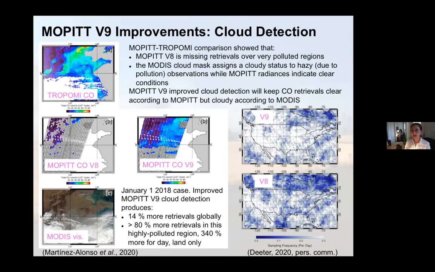But in general, globally, we think that by making this tweak, we are going to improve the number of retrievals by around 10–14%, which will make our friends in Canada very happy, because as you can see in these maps here on the right, this change is going to mean a lot more retrievals over Canada. So in here, white means more retrievals and blue less. So you can see that from the older version to the newer version, we are getting a lot more retrievals over this region in Canada. So that's good.